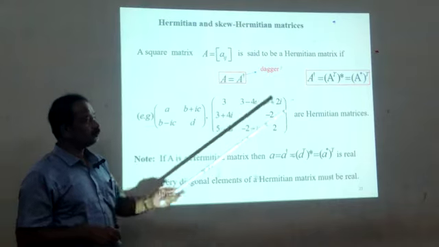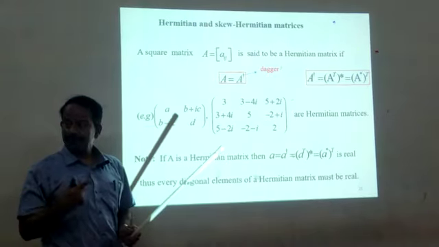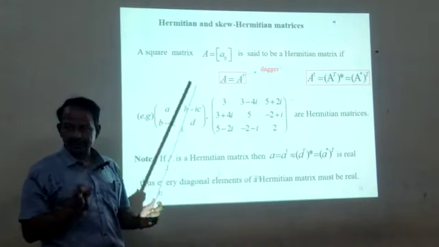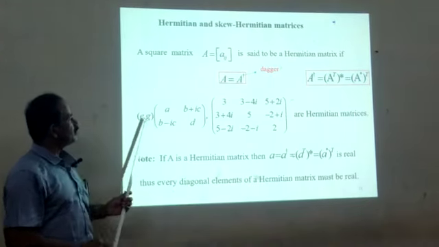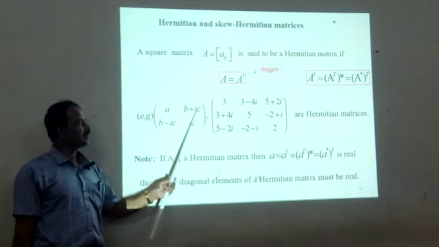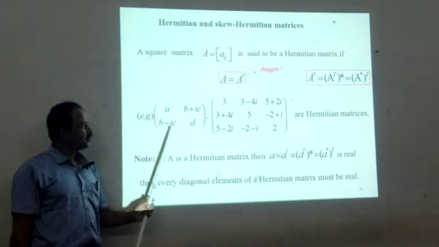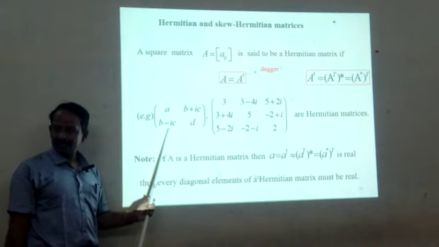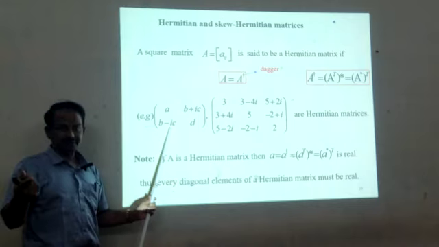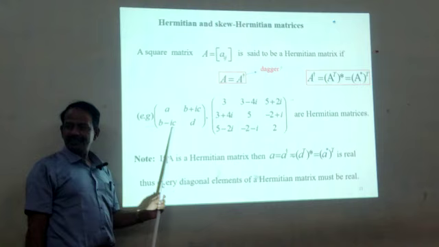So we apply two rules: one is transpose, another is complex conjugate. Either you can take the complex conjugate and then transpose, or the transpose and then the complex conjugate. Both are equal; you will get the same answer. For example, take this matrix: a, b plus ic, b minus ic, and d.